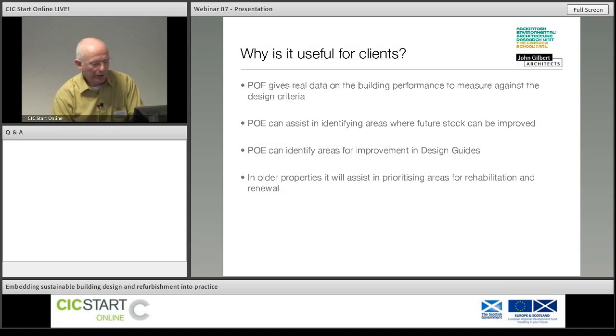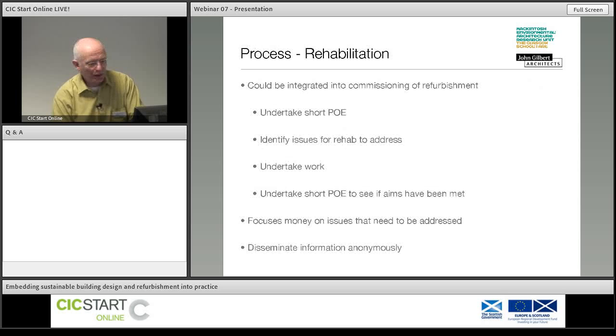Making adjustments required within the contract, so you know you've got the staff there to manage it, and reduces ongoing issues for the next 30, 40 years, really, if you can nip it in the bud, as well as informing people. In terms of rehabilitation, well, really the same applies. Undertaking a short POE is going to identify these issues and feed into the next phase of the work.